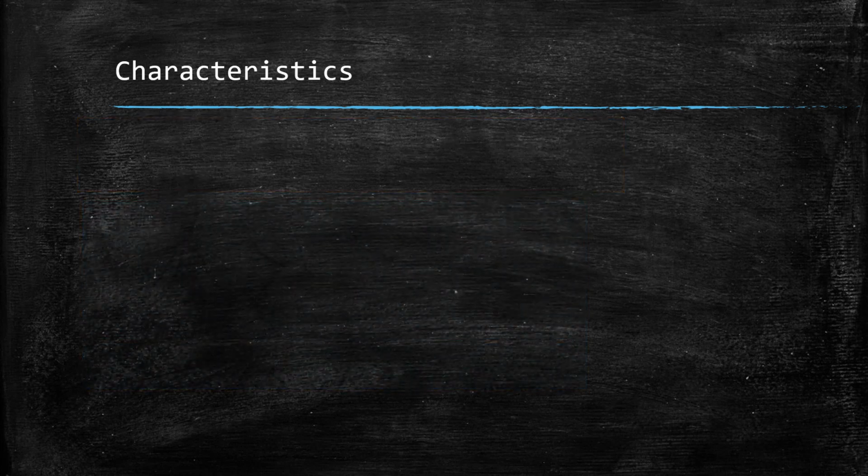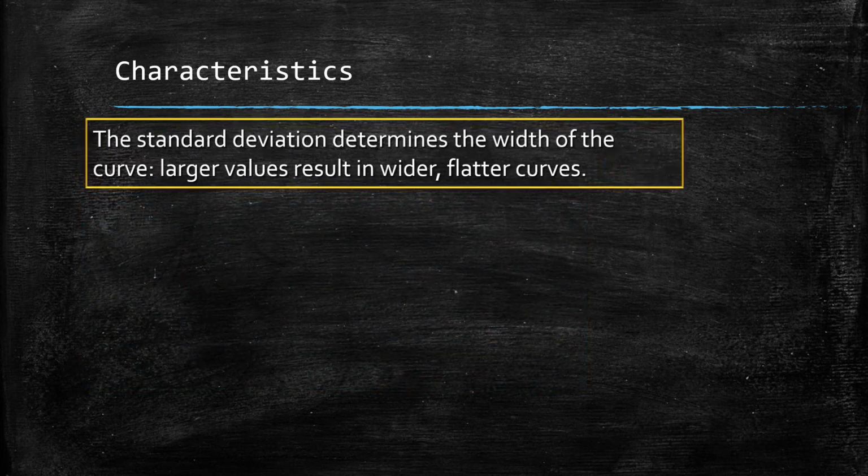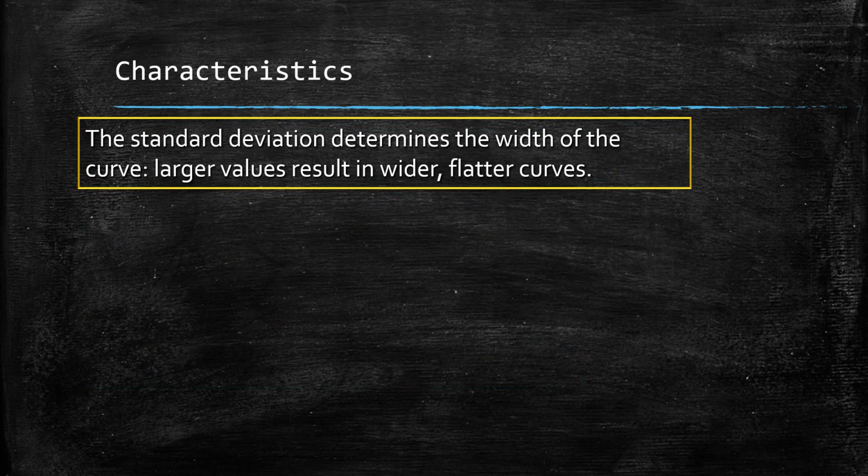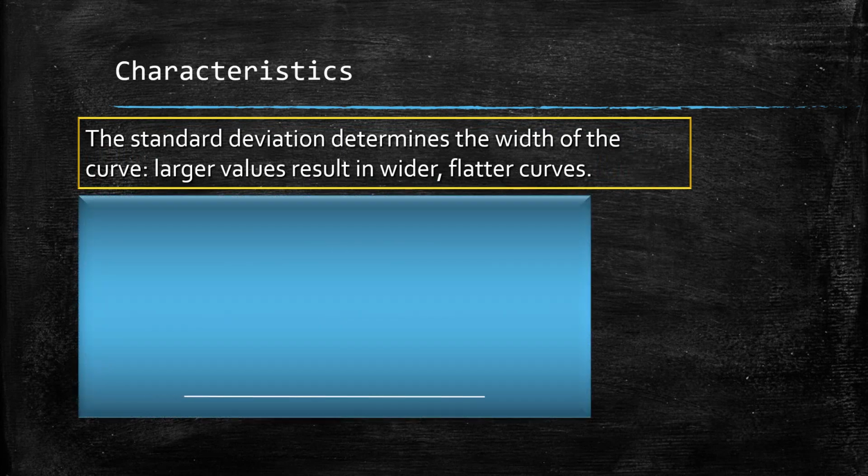About sigma, the standard deviation determines the width of the curve. That means larger values result in wider or flatter curves. For example, if I have two standard deviations, 15 and 25, the curve with sigma 25 is flatter compared to the curve with sigma 15.